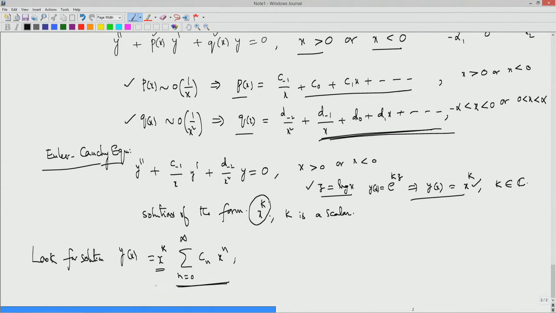Why? Because there is a singularity, that singular part is x power k, where k is an unknown scalar, and the c_n's are unknown scalars as usual.